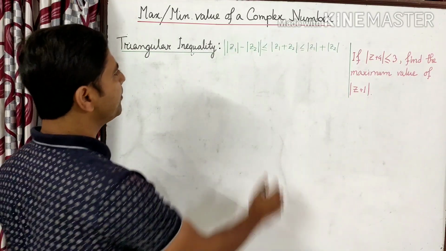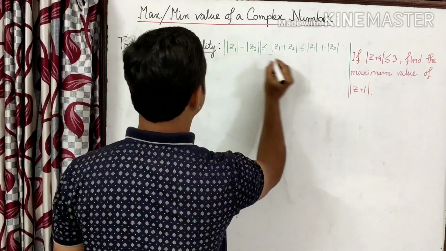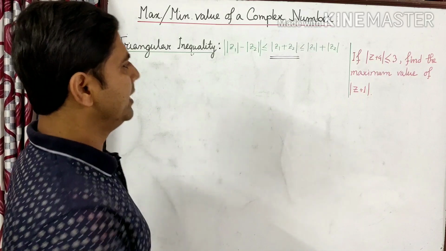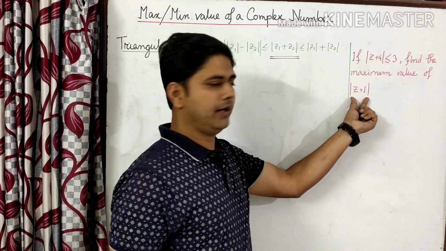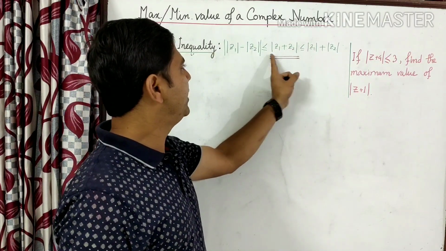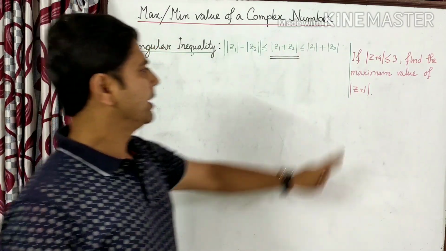Here the main important part of this triangular inequality is this one. This complex number, z plus 1, you have to express as a sum of two complex numbers. First I write mod of z plus 1.